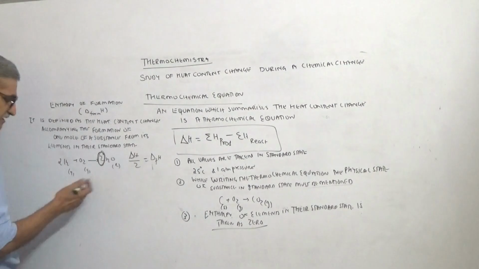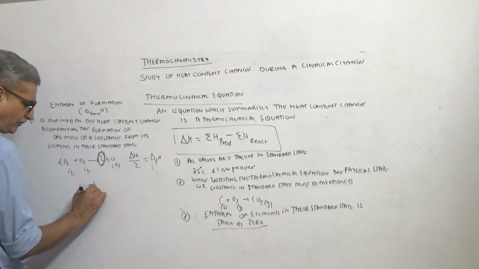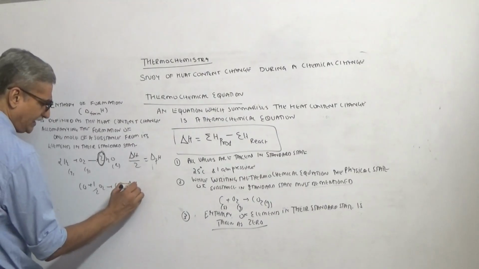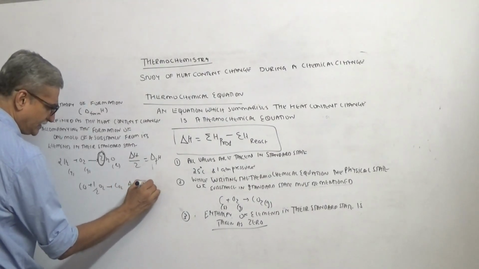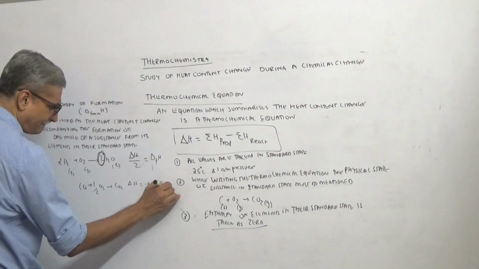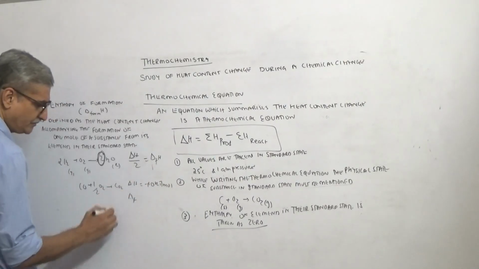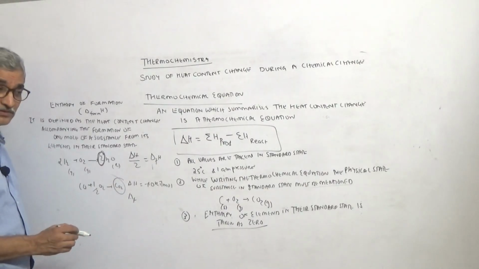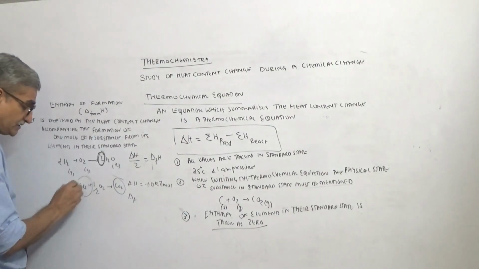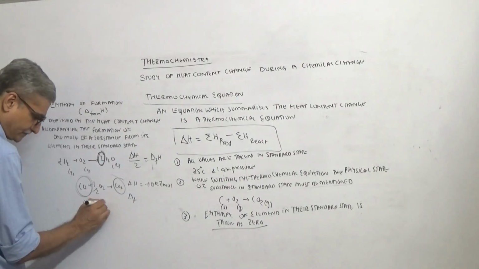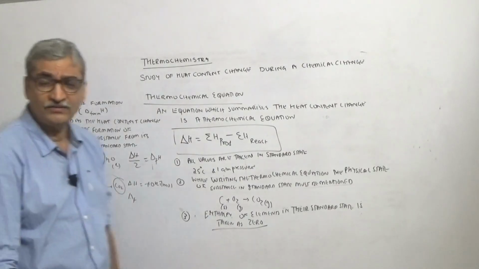Now a second expression, suppose CO plus half O2 forms CO2. This delta H is minus 110 kilojoule per mole. Can I say this is heat of formation because 1 mole is formed? No. The second condition: this is carbon monoxide, a compound.